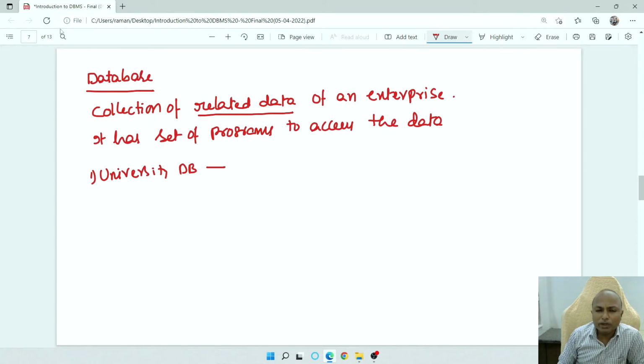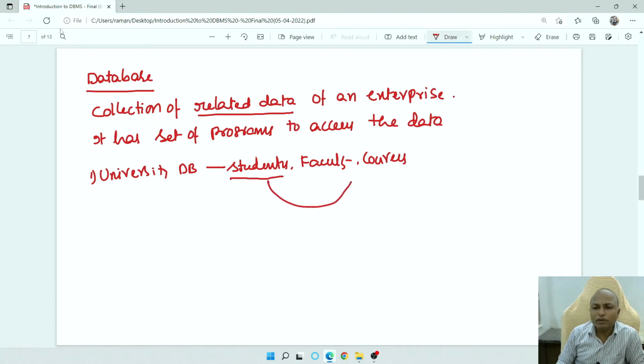In a university, students are there, and a faculty table, and some courses. Students register for some courses and faculty are going to teach the courses.